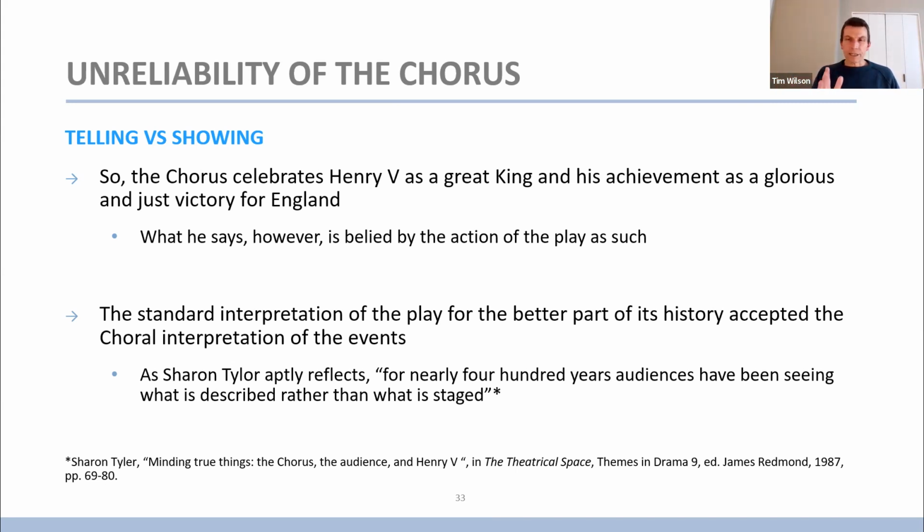For the longest time that had been the case, and it wasn't till late in the 20th century that this at all was questioned. And as Sharon Tyler reflects, quote, for nearly 400 years, audiences have been seeing what is described rather than what is staged.